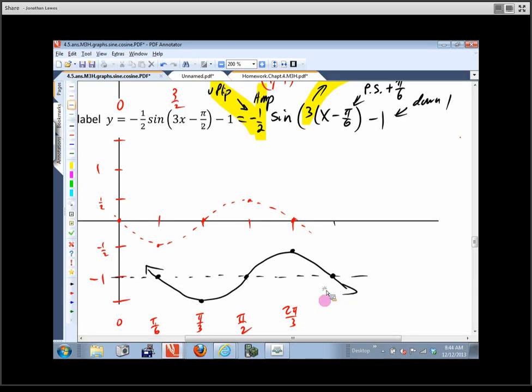Put arrows on the end, and then we want to label each one of those 5 key points. Pi 6, comma, -1. It's on the center line.